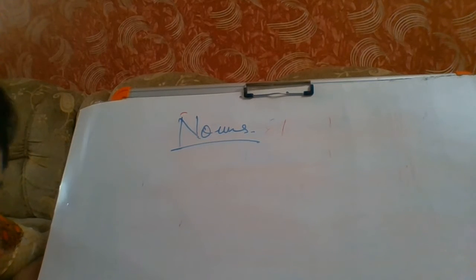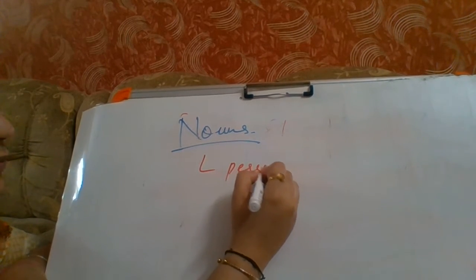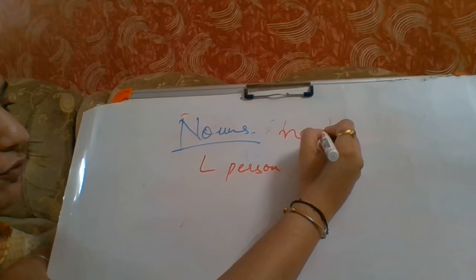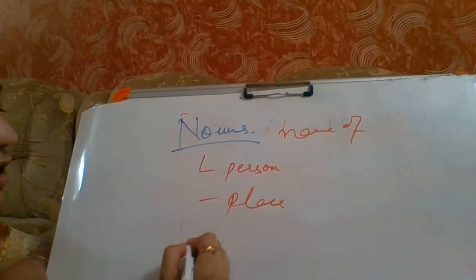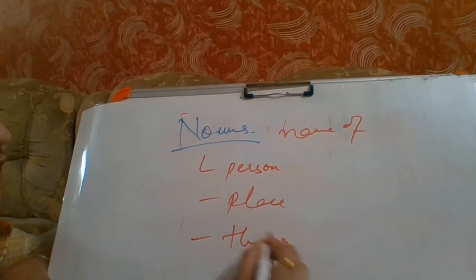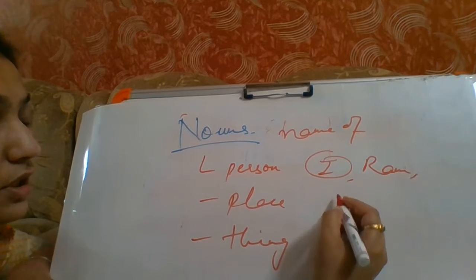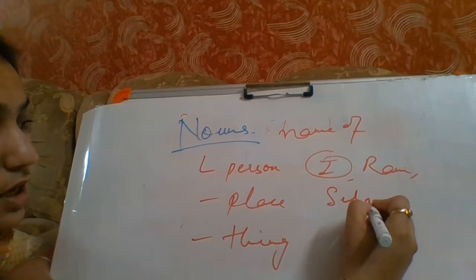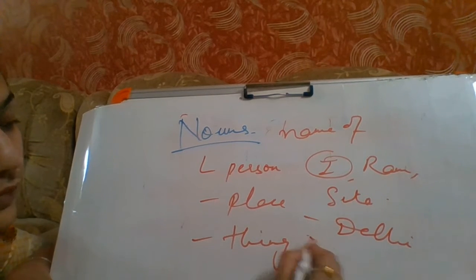A noun is the name of a person, place, or thing. I am a noun. Ram is a noun. Sita is a noun. For place, Delhi is a noun.